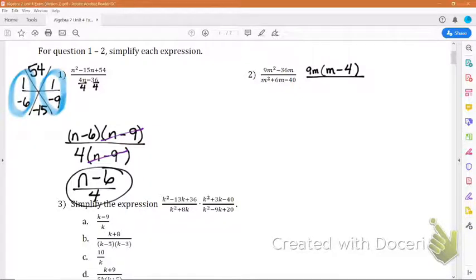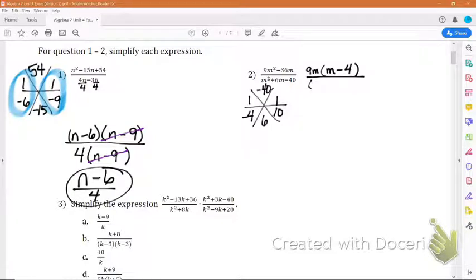Then for our denominator, we're going to use our asterisks. So we have 1 at the top and bottom left, 6 in the bottom middle, and negative 40 in the top middle. So two numbers that multiply to give me negative 40 and add to give me 6: negative 4 and positive 10.